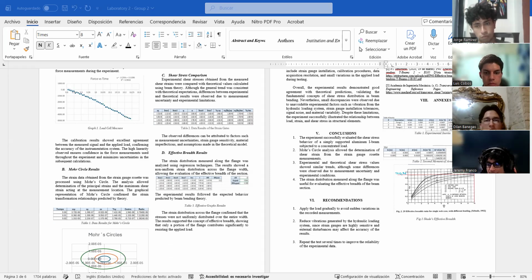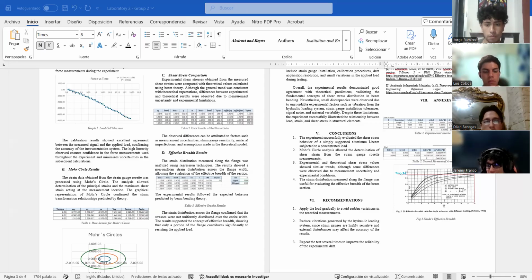Experimental and theoretical shear stress values showed similar trends, although some differences were observed due to measurement uncertainty and the experimental conditions. The strain distribution measured along the flange was used for evaluating the effective breadth of the beam section.